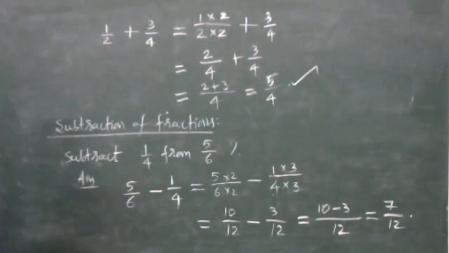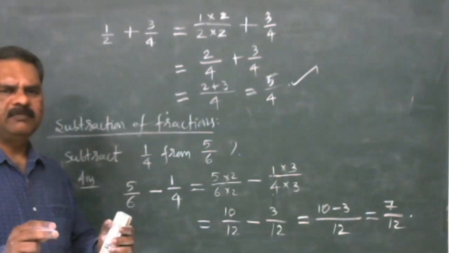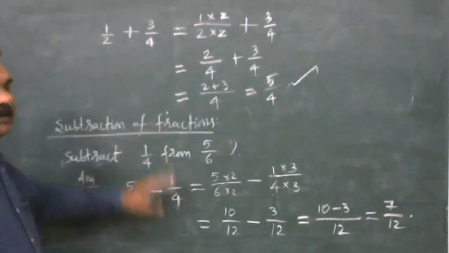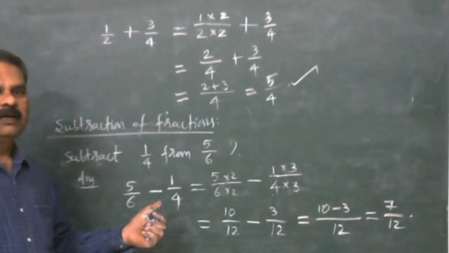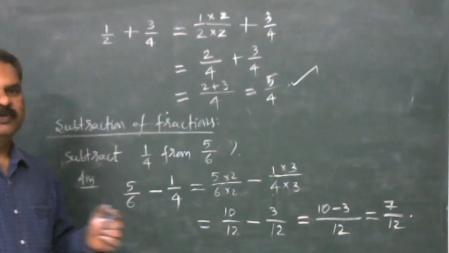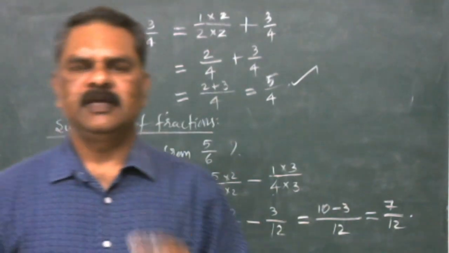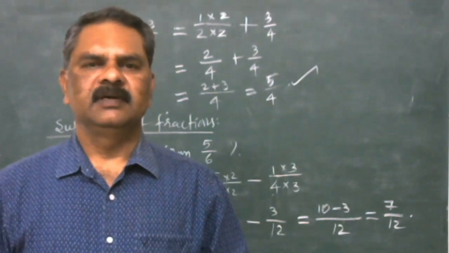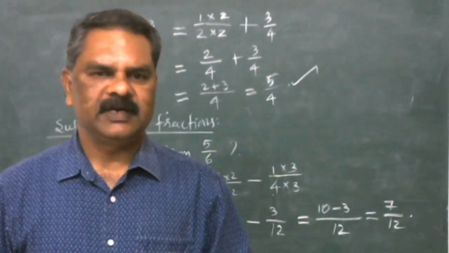Okay. So addition and subtraction are very, very important concepts in fractions. I think both are very clear to you. I can also tell you the rules. If you want to add two fractions, just look at the denominators. If the denominators are the same, just add only the numerators and keep the same denominator.